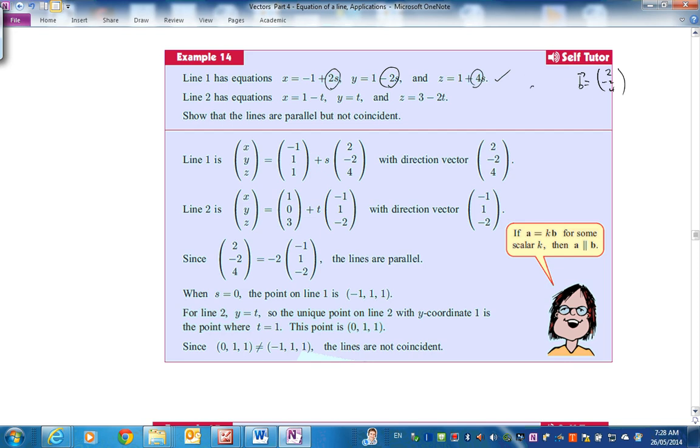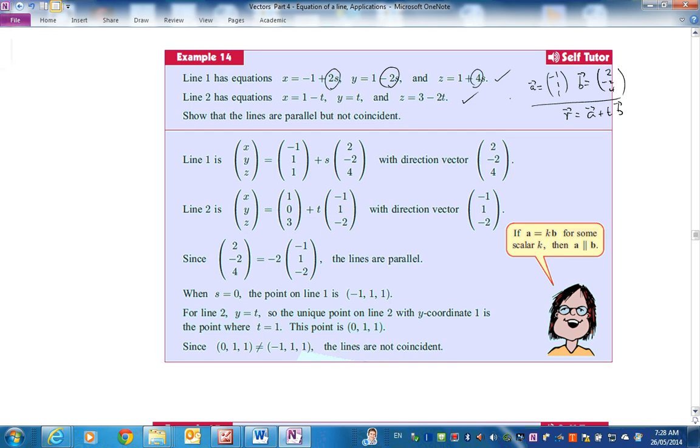And a going out to the line from the origin would have been (-1, 1, 1), wouldn't it? Working backwards to the vector equation, which is a plus tb. Again, we've got t as a parameter in the second one to keep them completely independent of each other.